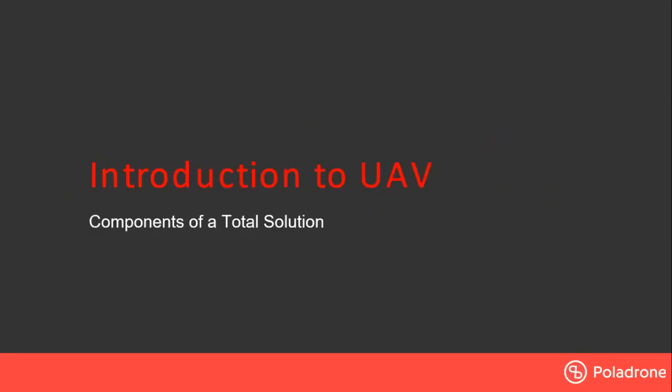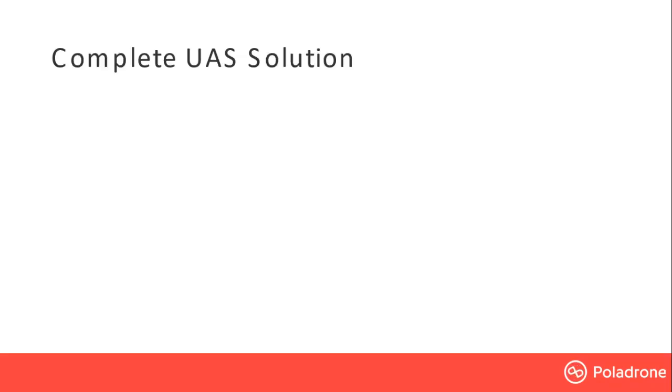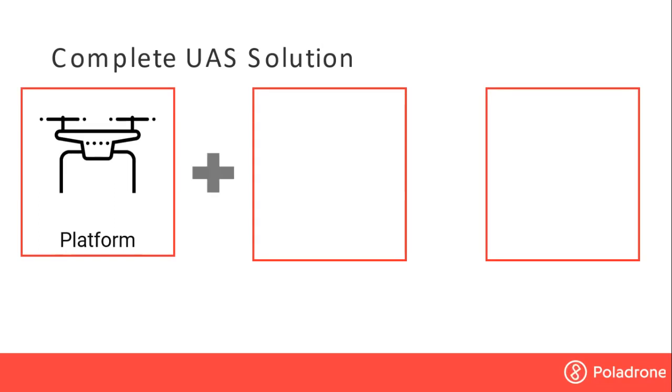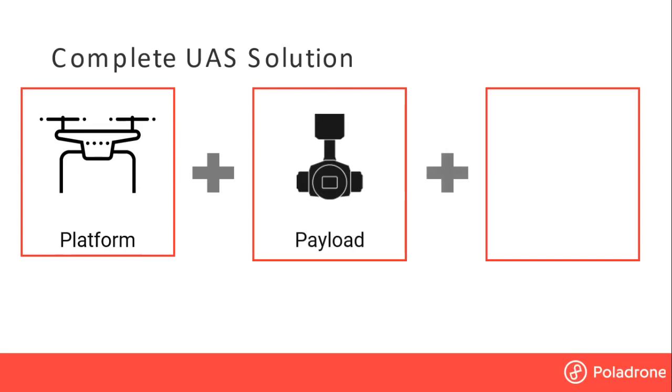Before I start into drone thermal imaging, I would like to do some introduction to UAV. UAV refers to unmanned aerial vehicles. To have a complete unmanned aerial system solution, we need 4 things. The first is a platform, which normally refers to the drone itself. Then the payloads, normally the cameras or other payloads.